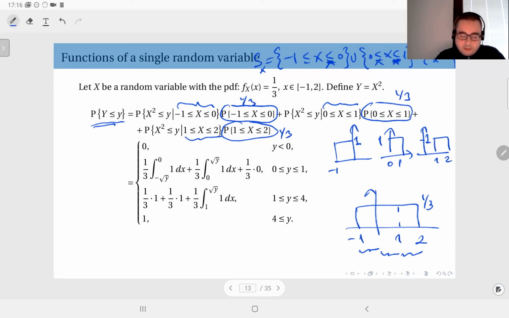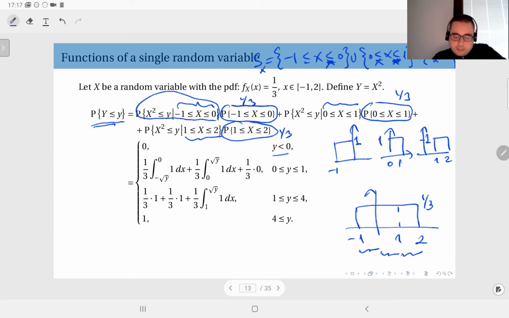Okay, so what remains is finding out these conditional distributions. And well, we will have to look at the probability here with respect to the parameter y, for different regions.